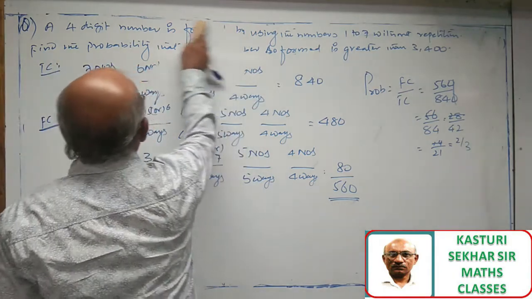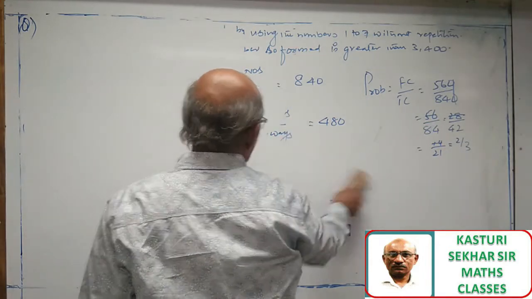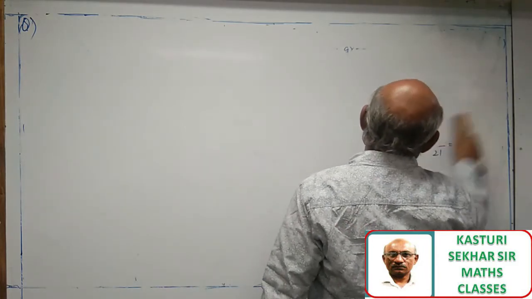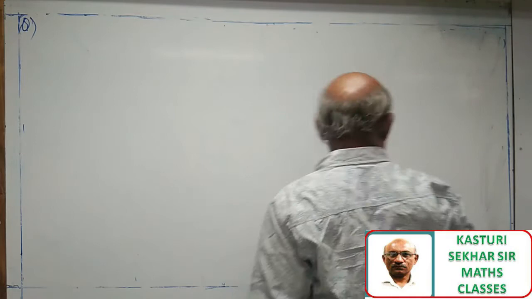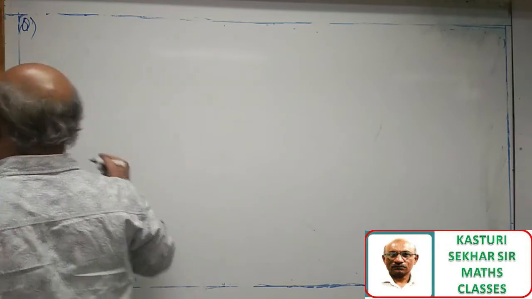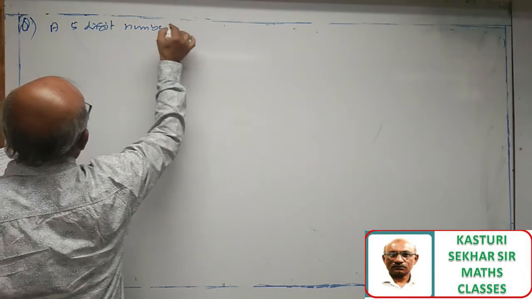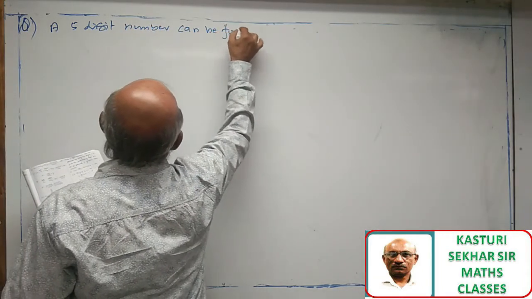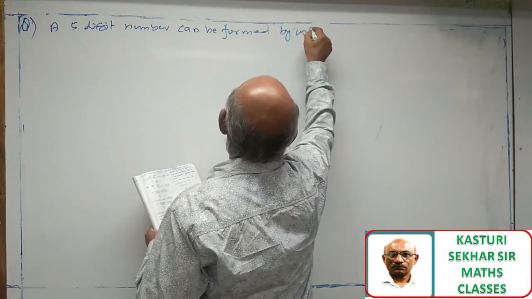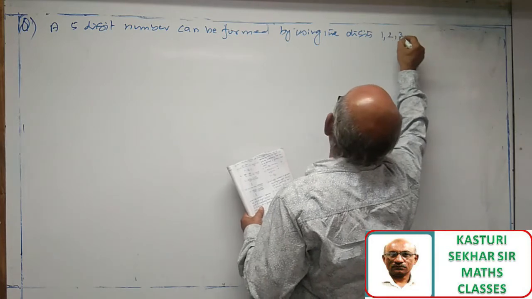Now next question, sir. A 5-digit number can be formed by using the digits 1, 2, 3, 4, 5.